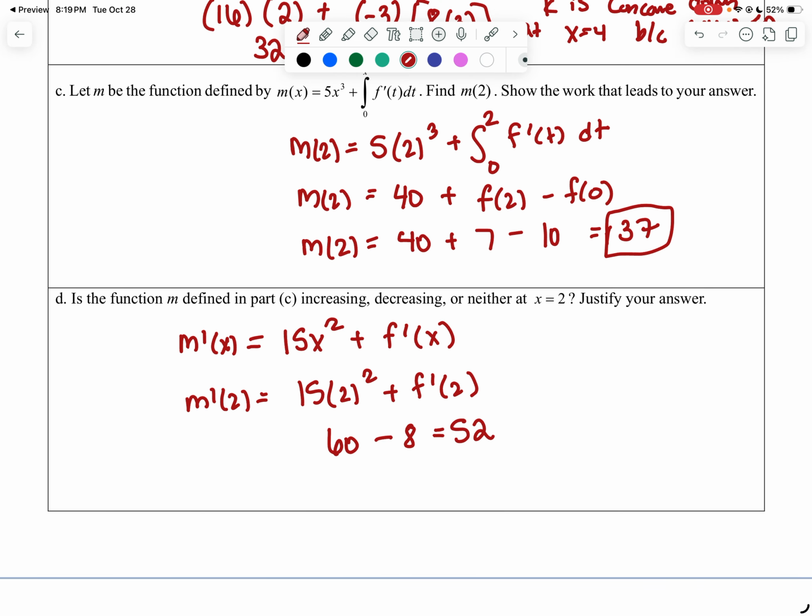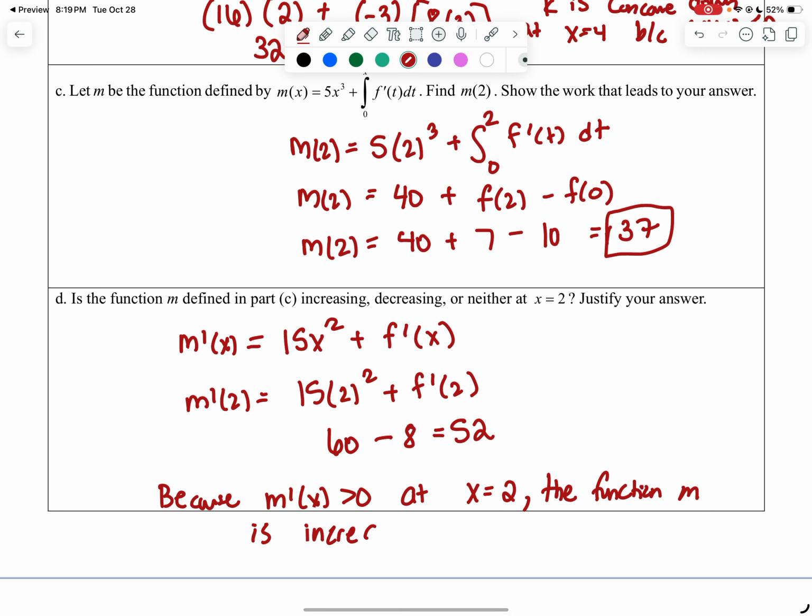Since f prime of 2 is positive, so because f prime of x is greater than 0 at x is equal to 2, the function m is increasing. Notice how I was very specific in terms of my wording here because I said the function m.